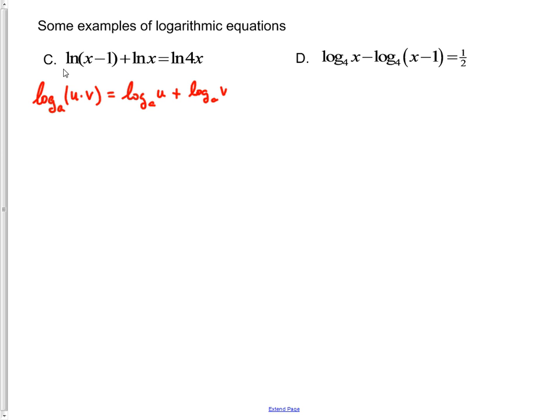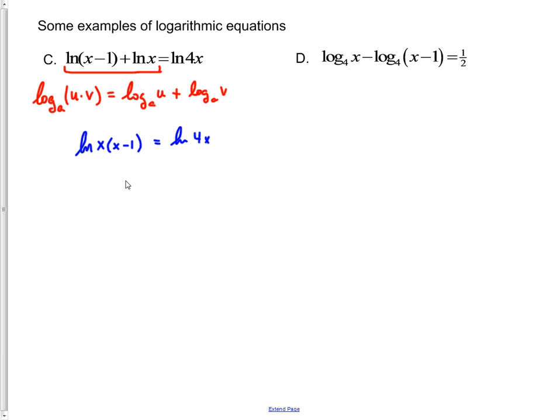And so we can use that property on this left-hand side to rewrite this as a single logarithm. So we would have on the left-hand side the natural logarithm of the quantity x times x minus 1. And that's equal to the natural logarithm of 4x, like we have on the right-hand side.